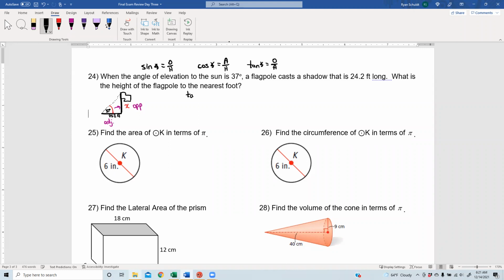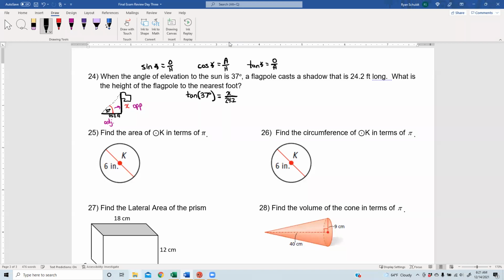So the tangent of 37 degrees is equal to my opposite, I don't know it, over my adjacent, 24.2. So now let's solve for x.